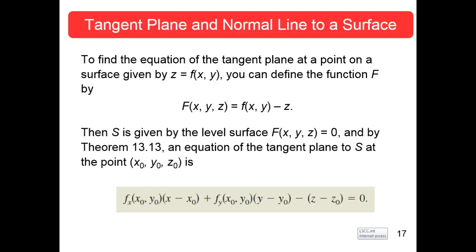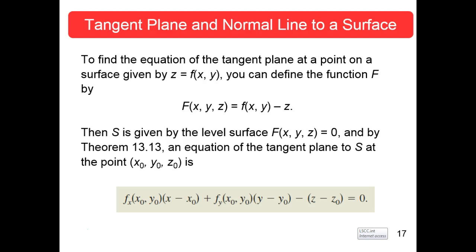All right. Now, to find the equation of a tangent plane at a point on a surface given by z equal to f of x, y, you can define the function F by F of x, y, z is equal to f of x, y minus z, or z minus f of x, y. It doesn't matter. I usually prefer it this way. Then S is given by the level surface F of x, y, z equal to 0.